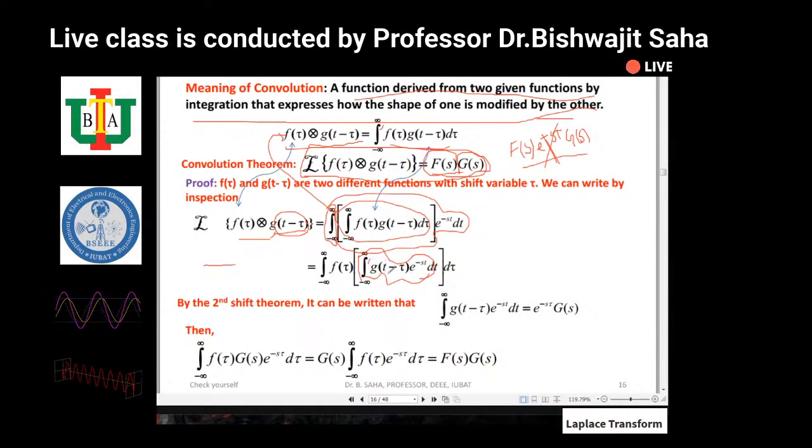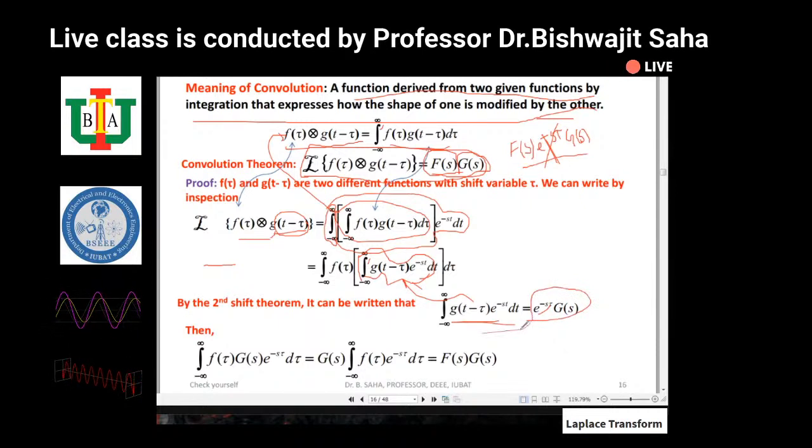The g of t minus tau, we can write in this form. Look, this is the same, right? So we can apply the shift function theorem. Then we get e to the power minus s tau G of s.